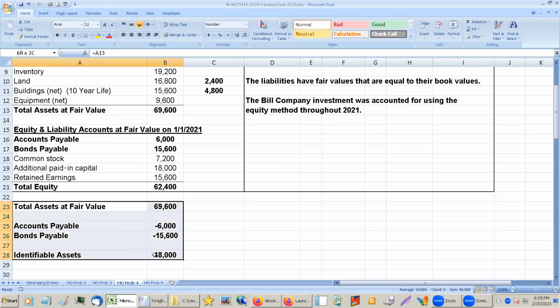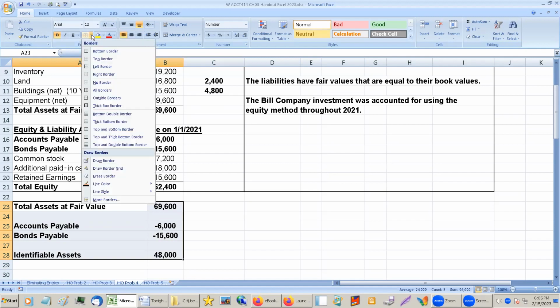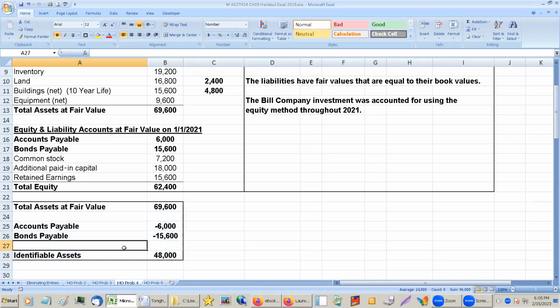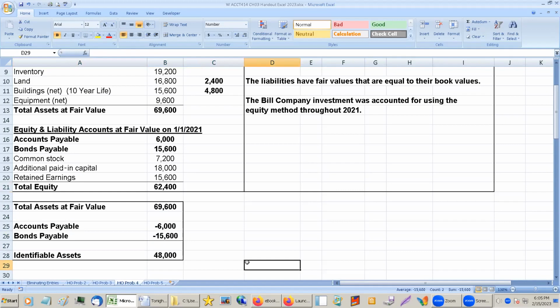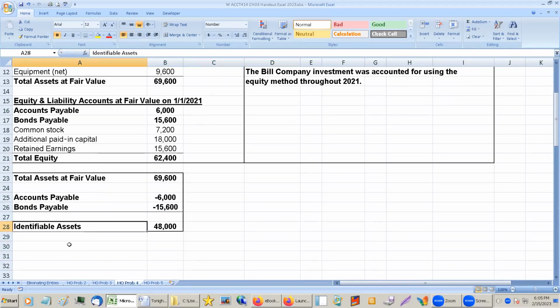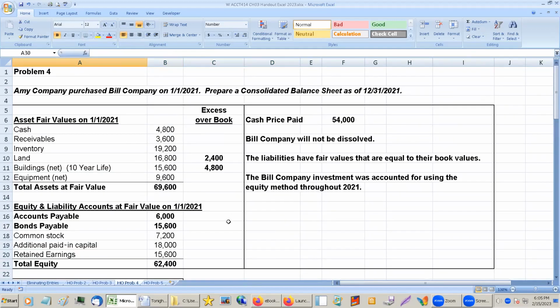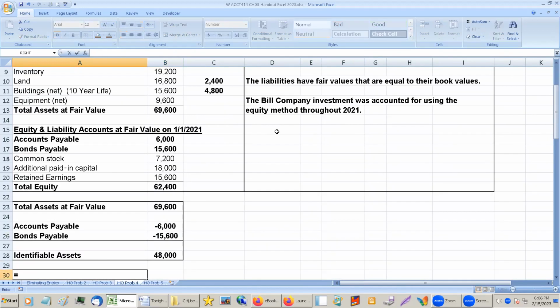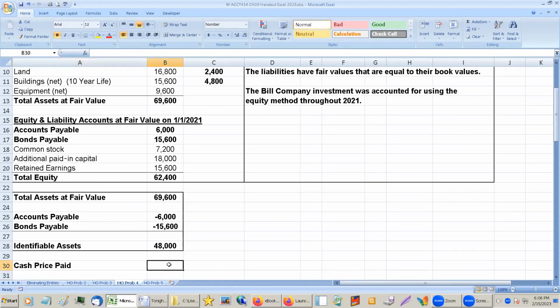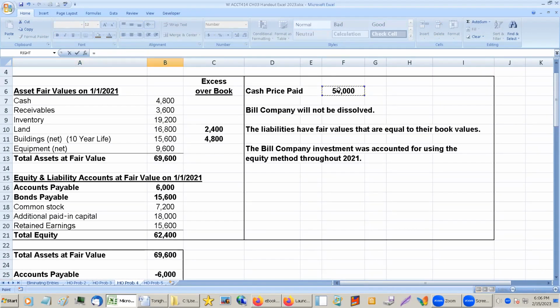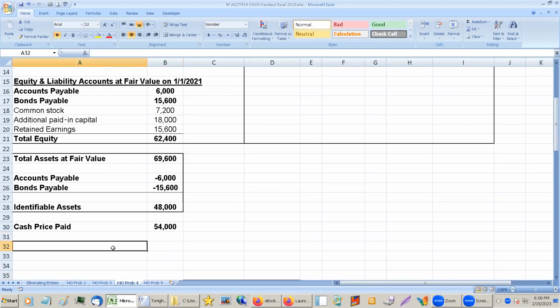Okay, so the identifiable assets are this. The price we paid, that. So the goodwill or the unidentified will be the remainder of it.